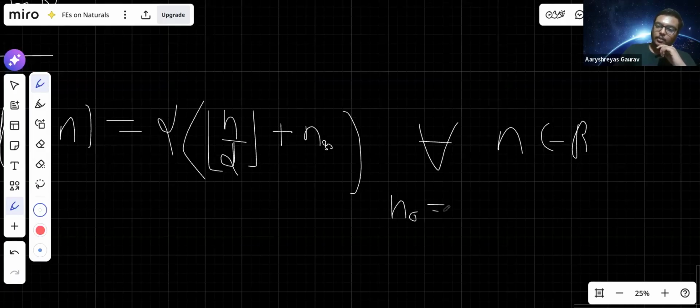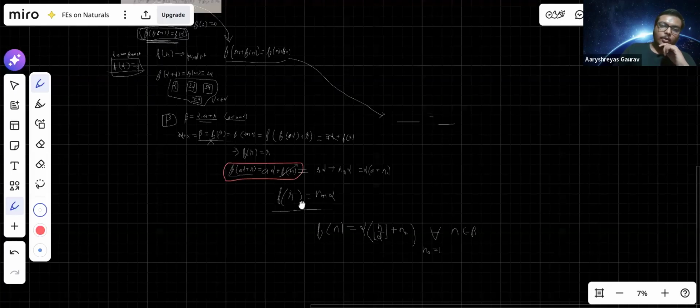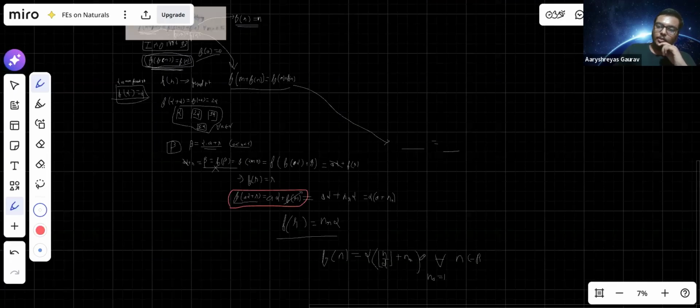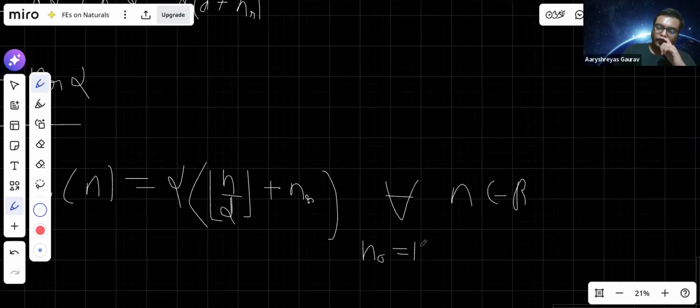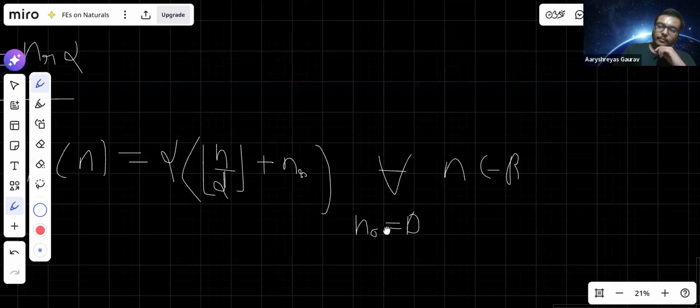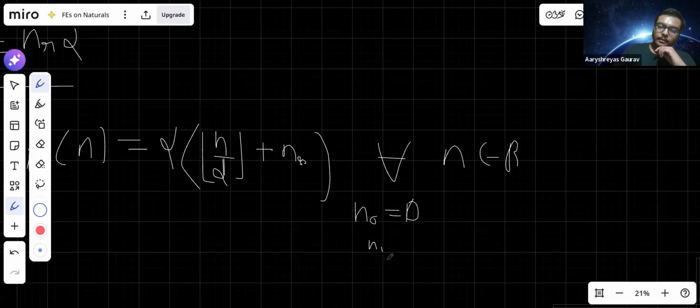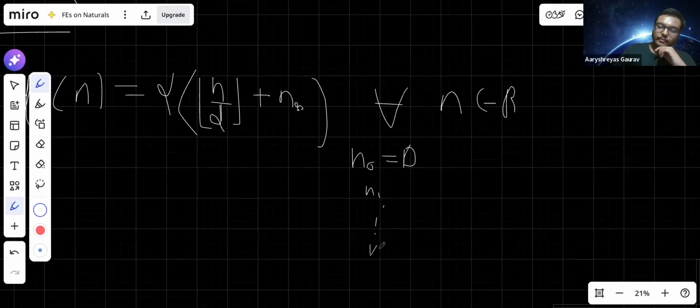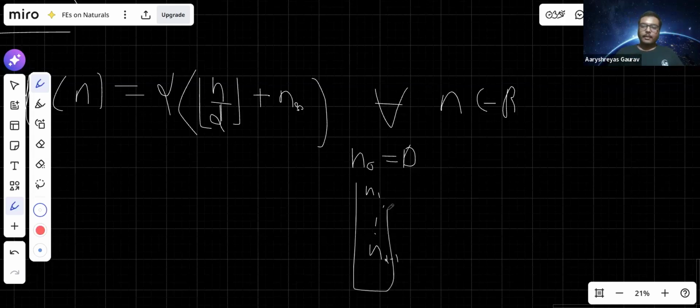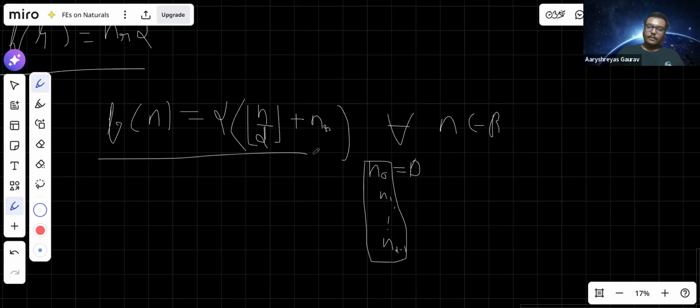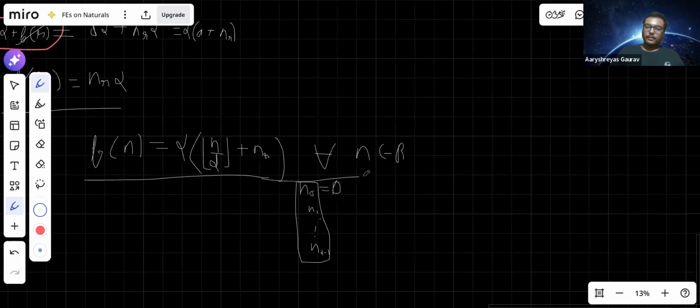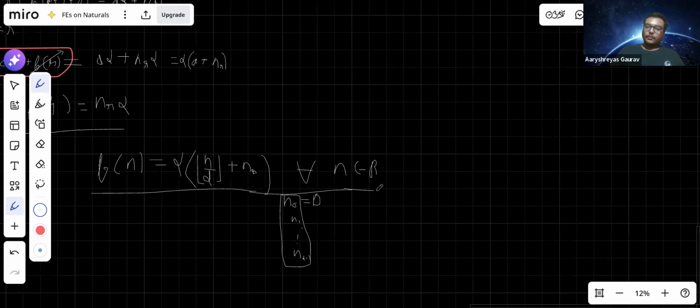N_0 is actually 0, notice, because we know f of 0 is 0. So N_0 is always 0. And from N_1 to N_(alpha minus 1), we can literally put any natural number in there and predefine it, and like that we will get infinitely many functions. That's it. We are done with this problem too.